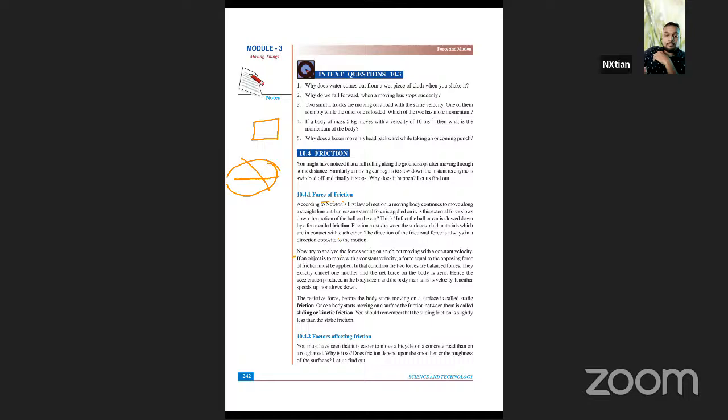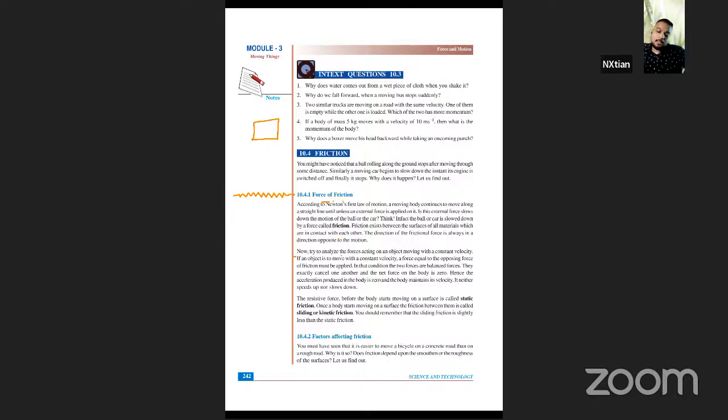It will look like this. The smoothest surface will also look like it if you see it through a microscope.